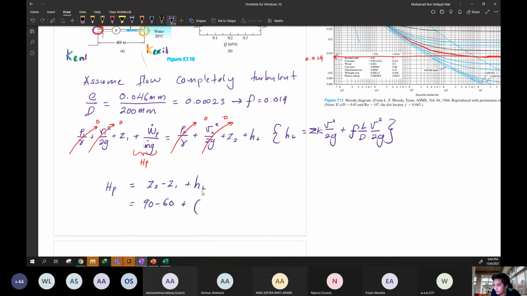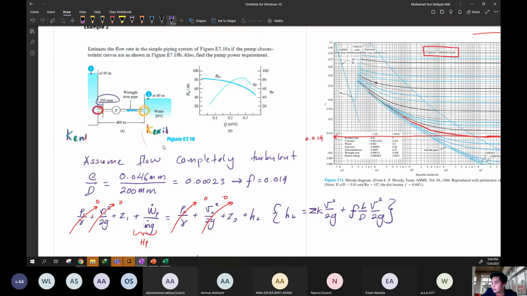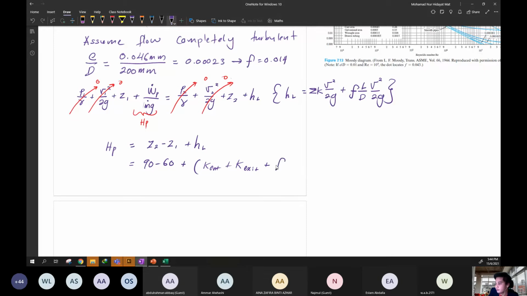For the heat loss, we have K entrance plus K exit, plus only f L over D, bracket V squared over 2g, because all these terms have the V squared.